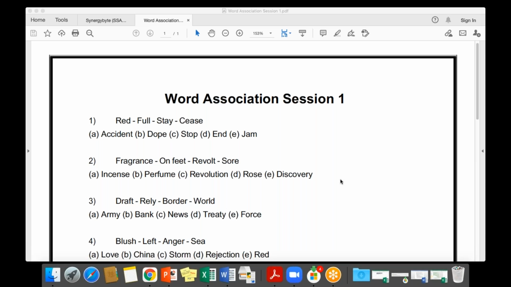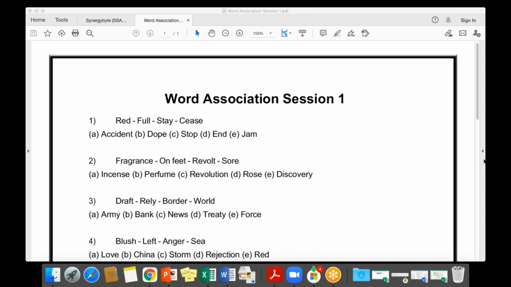How will it work with on feet? Exactly. Perfect, Vatsal. And rose with fragrance we could very easily connect. So my correct answer here is option D, rose. Is it clear, everyone?